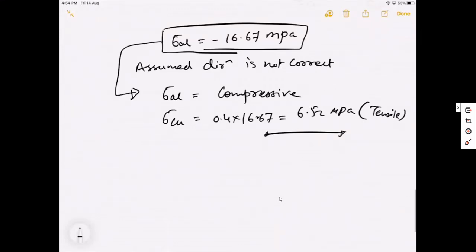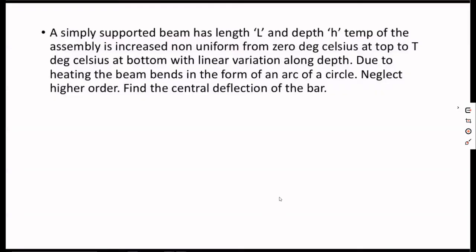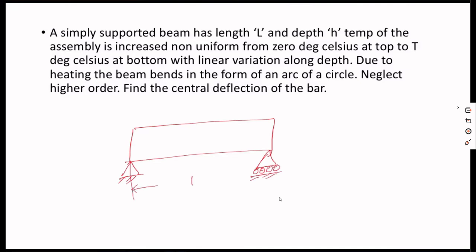Now let's solve the second question. The second question says that a simply supported beam has length L and depth H. The temperature of the assembly is increased from 0 degrees Celsius at top to T degrees Celsius at bottom, with linear variation along the depth.